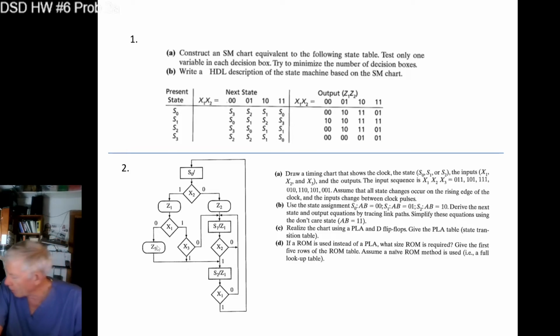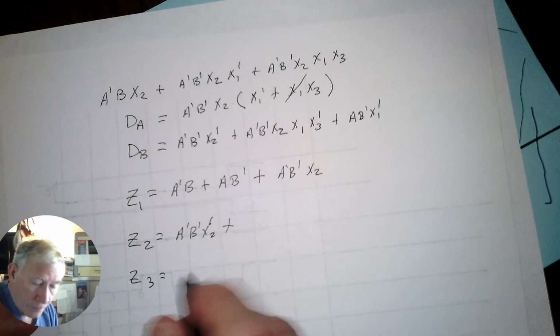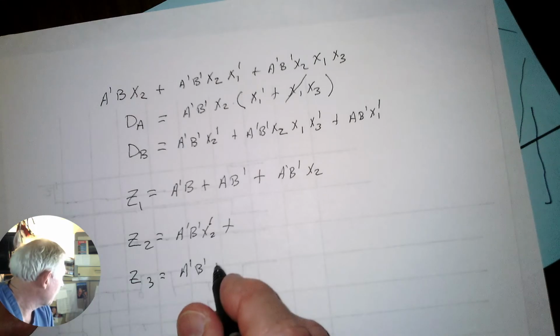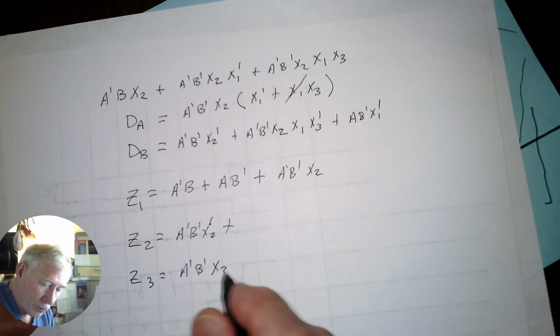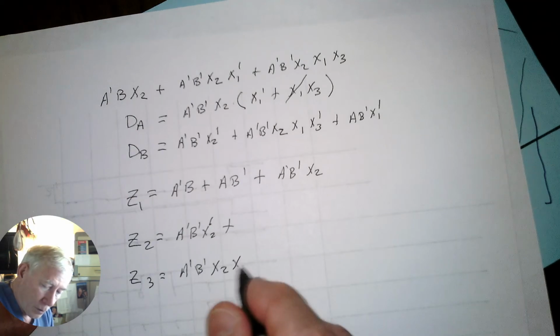Then Z3. Z3 only shows up when we're in A prime B prime X2 X1. So Z3 equals A prime B prime X2 X1.